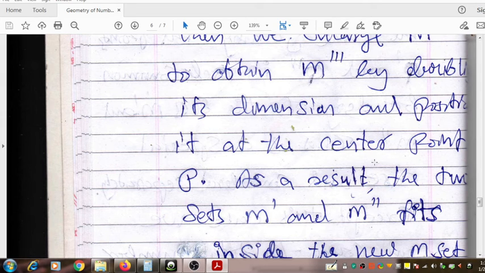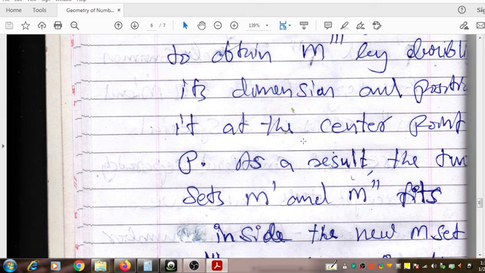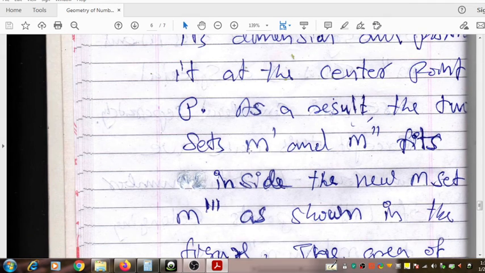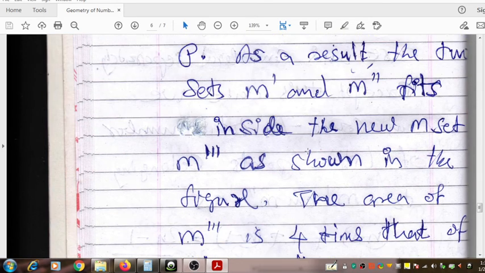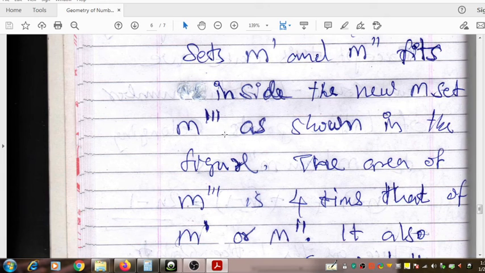Then it is positioned at the point P as center. When we position M triple prime at the point P as center, the two sets M prime and M double prime fit well inside the new set M triple prime, as shown in figure 4.